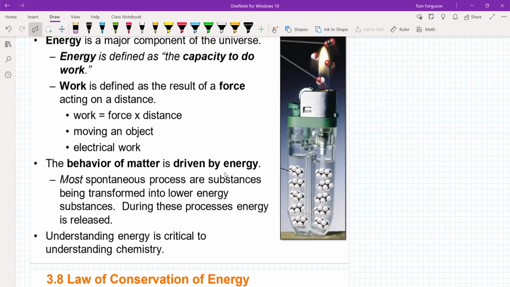Okay, whenever we change potential energy, it's got to be transformed into something else. Usually it's kinetic energy. Now, the kinetic energy can manifest itself a lot of different ways. Who could tell me what kinetic energy is? Yeah, it's the energy of motion.